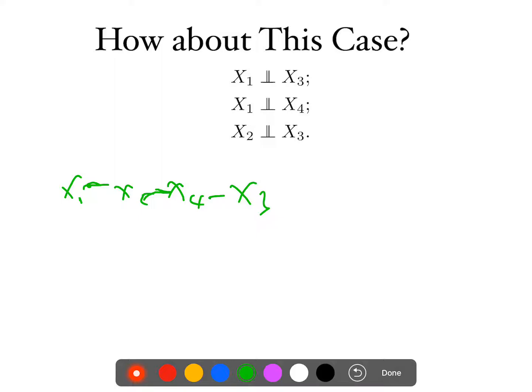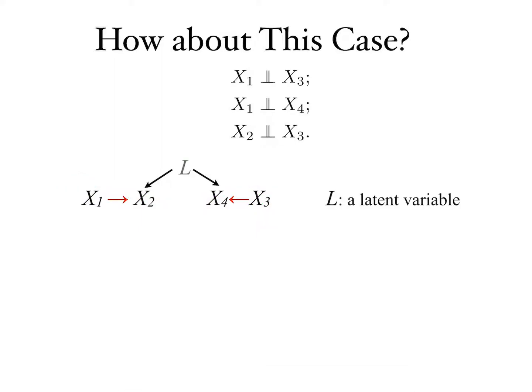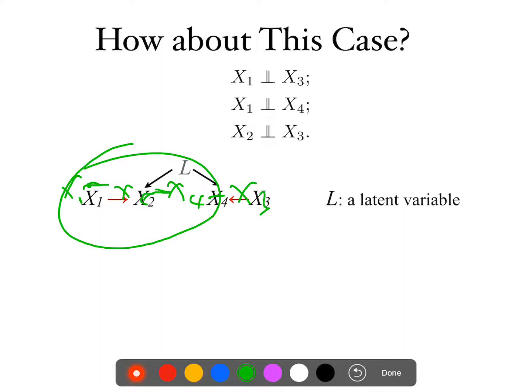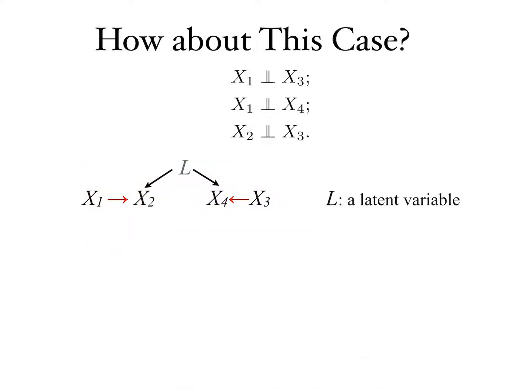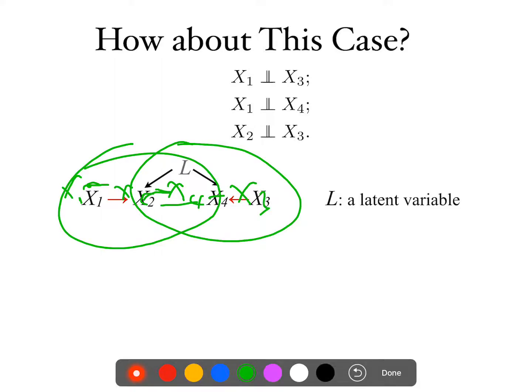Now you can see this seems to be a V structure, and also 2, 3, and 4 seem to be a V structure. That means we have to orient the edge between 2 and 4 in both ways, right?